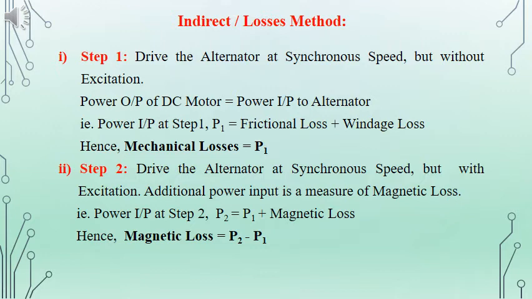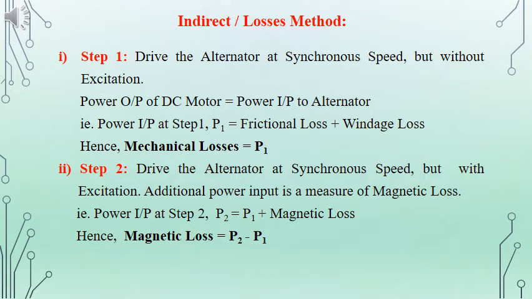In the second case, the alternator is driven at synchronous speed and the excitation also is given to the synchronous machine, and it is driven by the DC motor itself. So whatever be the output of the DC machine, or the input that is given to the alternator, will be just used for the losses, that is the magnetic loss and the mechanical loss.